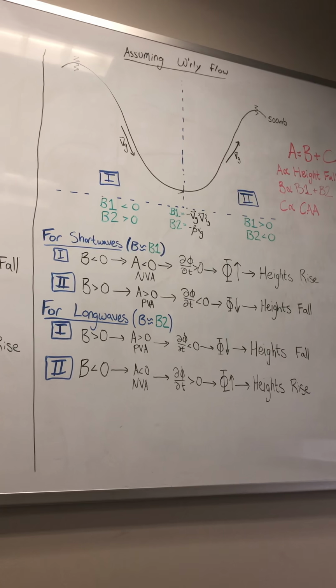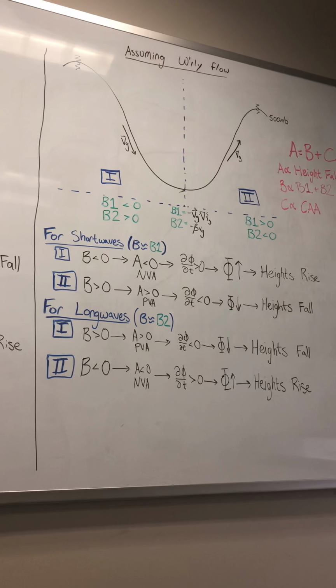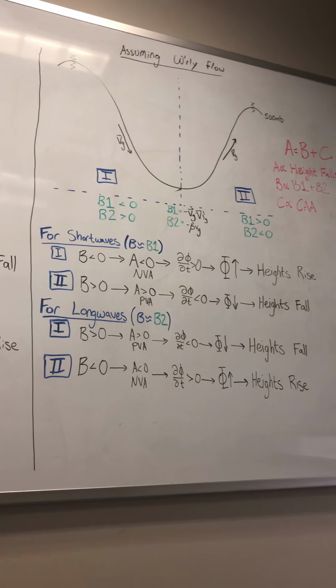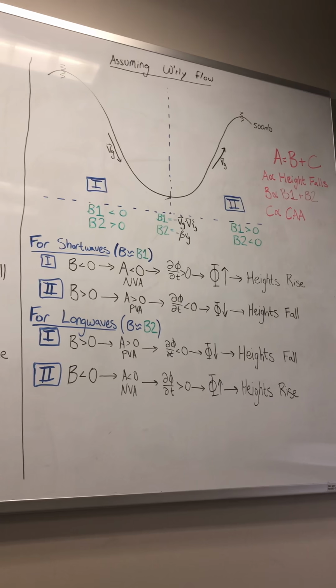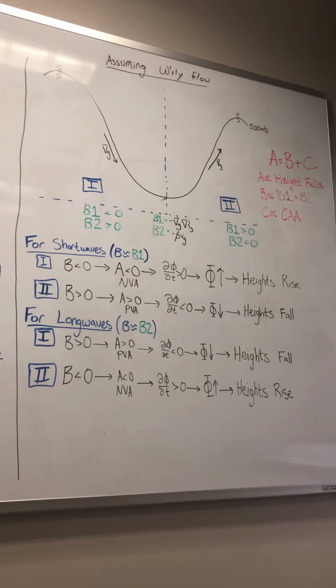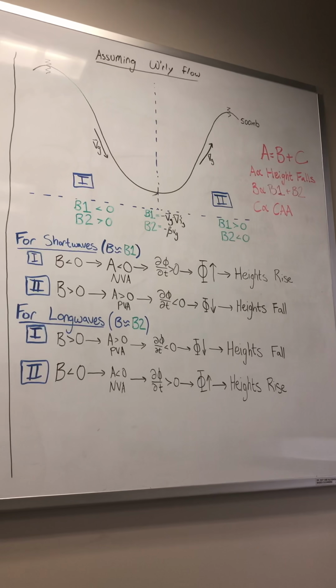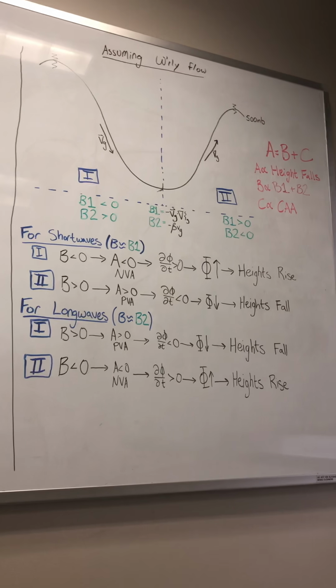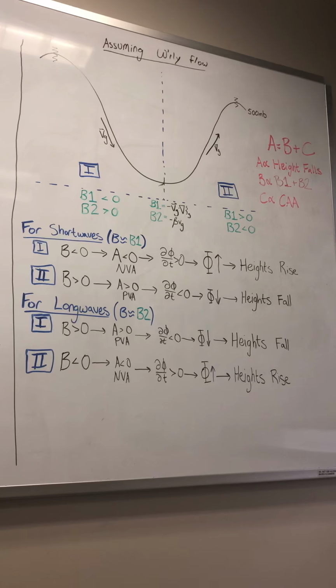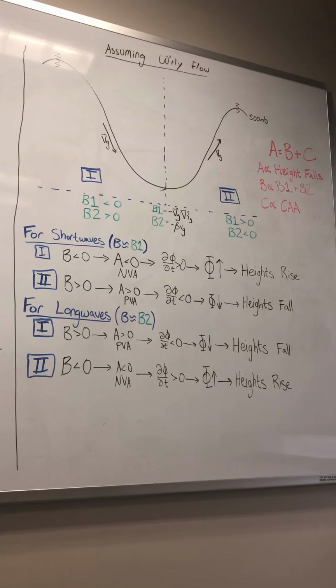So again, heights fall in region 2, and heights rise in region 1 for short waves. It's the opposite for long waves, in which planetary vorticity dominates. B is greater than 0 in region 1, so heights fall, and B is less than 0 in region 2, where heights rise.